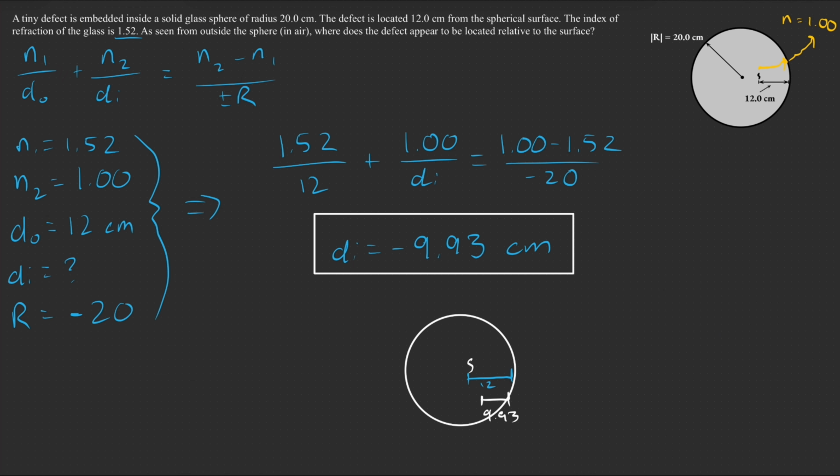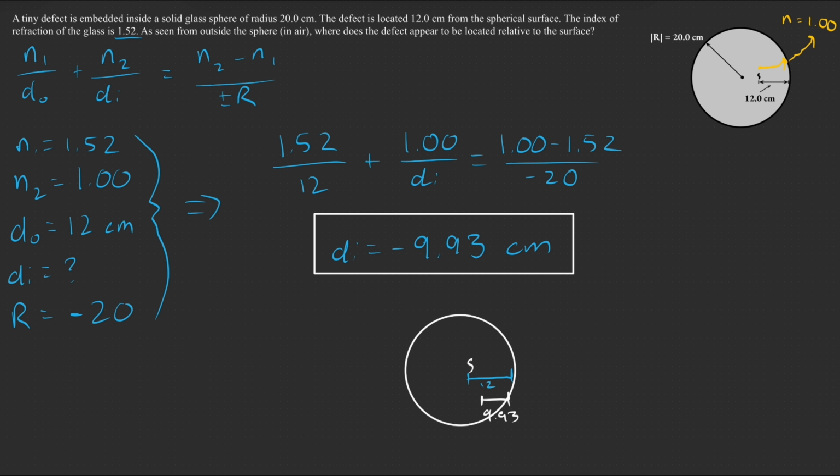If it had been positive, it would have been the other side. We would have been a positive 9.93 centimeters to the right. But since it's negative, we landed 9.93 centimeters on the same side that we started. The negative value just means your image appeared on the same side as you started.